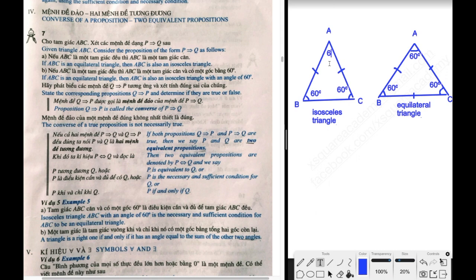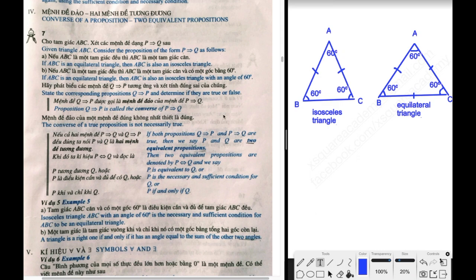So the last angle is 60 degrees too, and it becomes an equilateral triangle, right? But when we use Q implies P, it becomes: if ABC is an isosceles triangle with 60 degrees, then ABC is also an equilateral triangle. It is a true proposition.